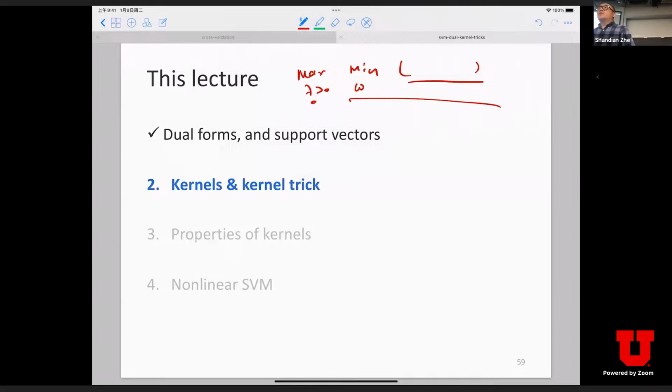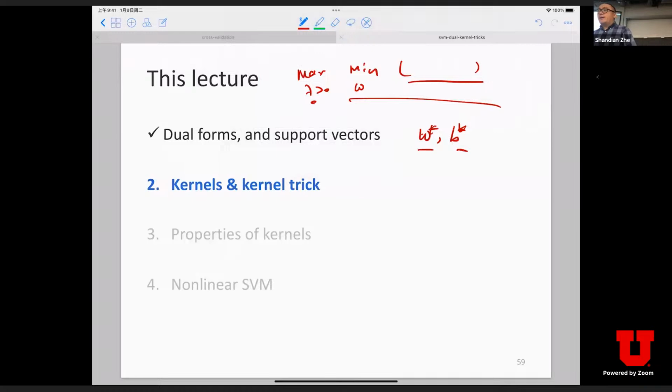We can get some conclusion, and we can substitute the results back into the outer level, so we can reduce the problem into just a one level maximization problem. Of course, if you take the negative of the objective function, you get the minimization problem. We also talked about once you have solved the dual problem, how do you recover the optimal model parameters, which include the weight parameter and bias parameter.